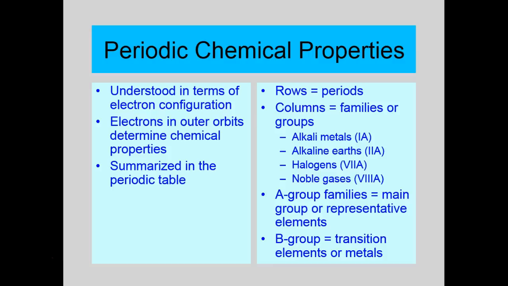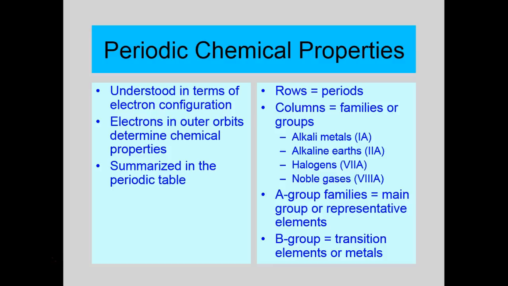They started noticing that certain chemical properties repeat themselves as they go through these various chemicals. And we explain this by the fact that those that are so similar have similar electron configurations. Now, I've already talked to you some about that, but we'll talk about it a little bit more.